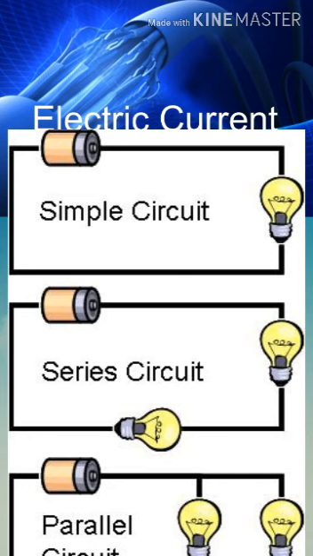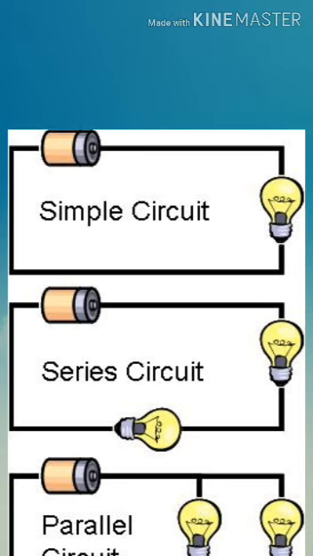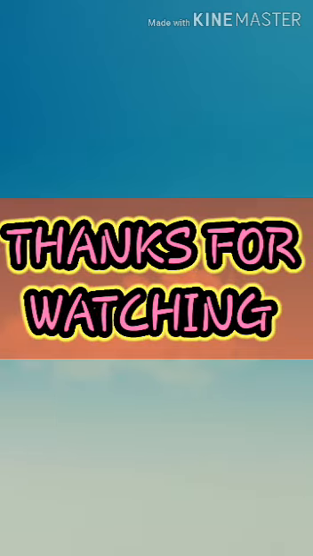In a parallel circuit, the connection is in parallel, with two conductors. In a series connection, in only one connection, there are two electrical bulbs connected. In a simple circuit, only one electric bulb. In a parallel connection, if one connection is fused, the other connection will work. Thanks for watching, guys.